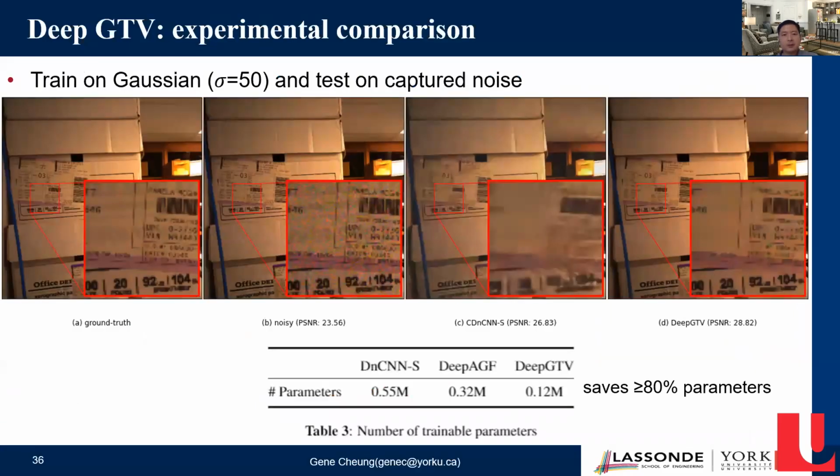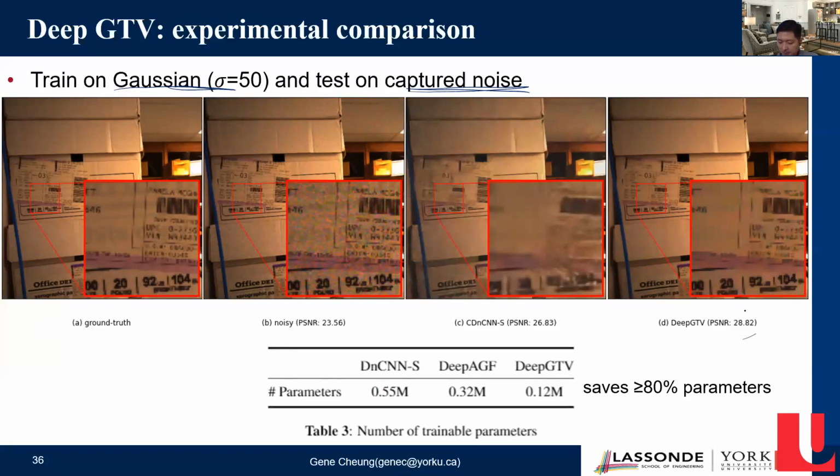The results are somewhat similar to what I've shown before. In this case, you train on Gaussian noise and you test on actual captured noisy images, where the database provides both clean and actual captured noisy images, so we can compute PSNR.